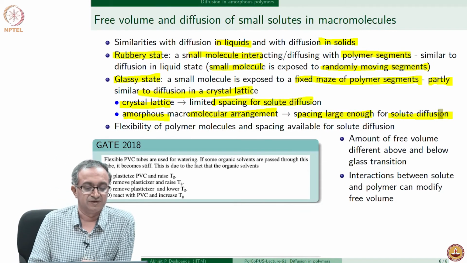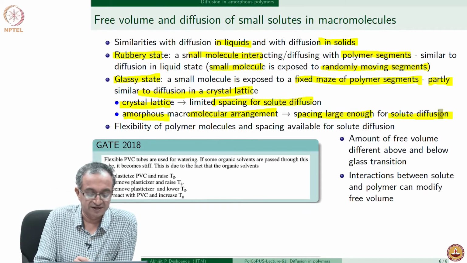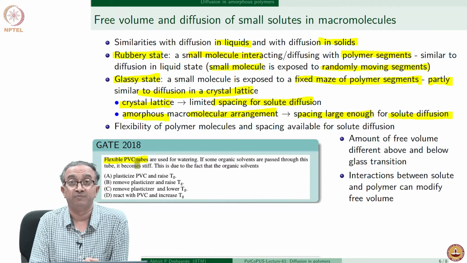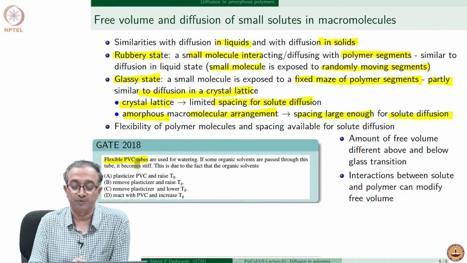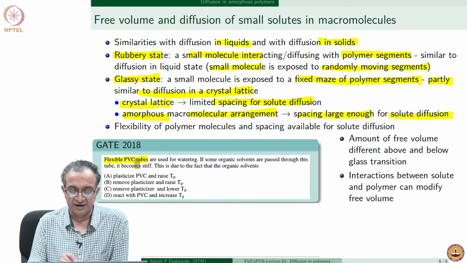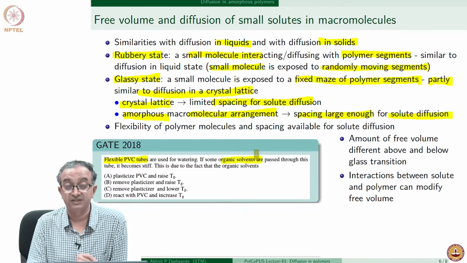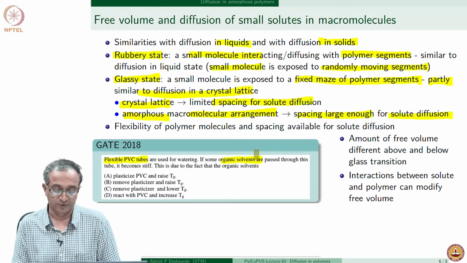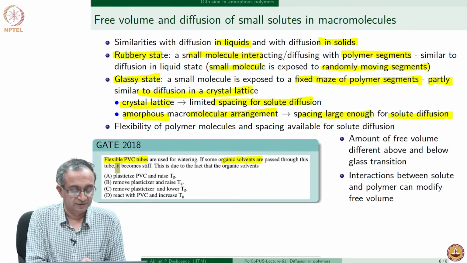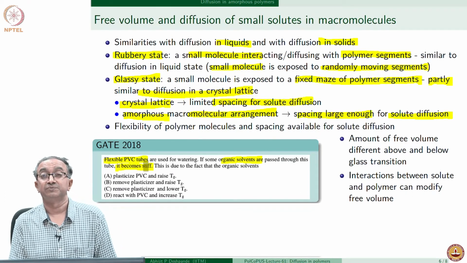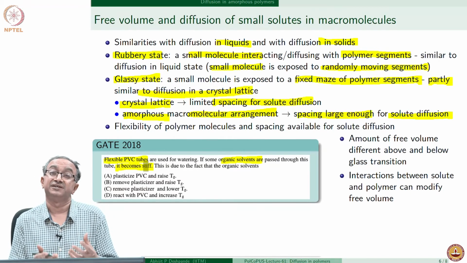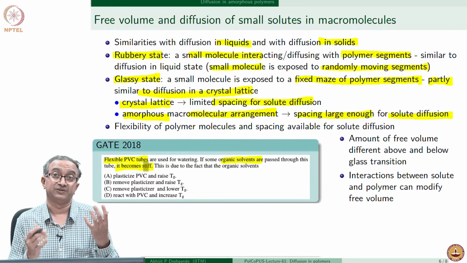So, let me give you a thought regarding how diffusion is important. Let us look at this question where there is a flexible tube of polyvinyl chloride, which we use quite often as garden hose, and if instead of passing water, we allow organic solvent to flow through it, the observation is that it becomes stiff. So, its modulus increases, is the appearance of it.